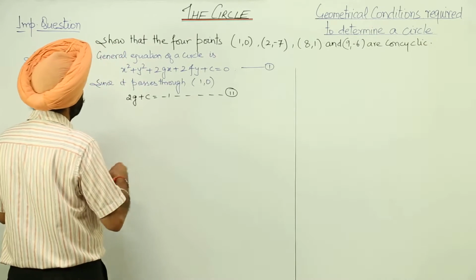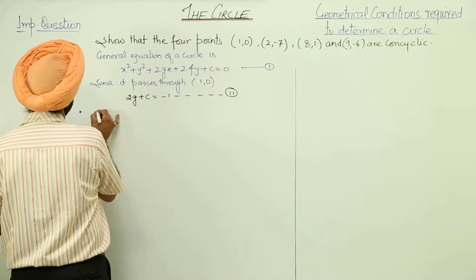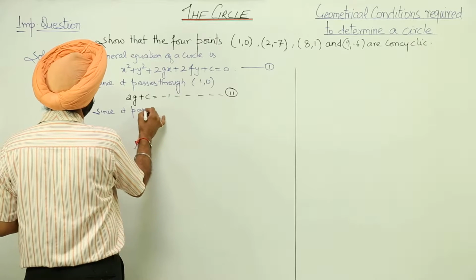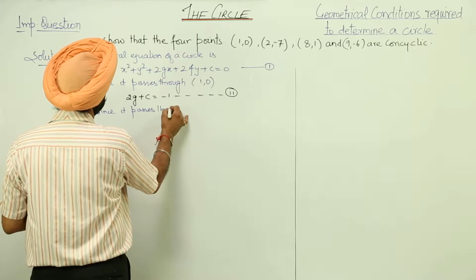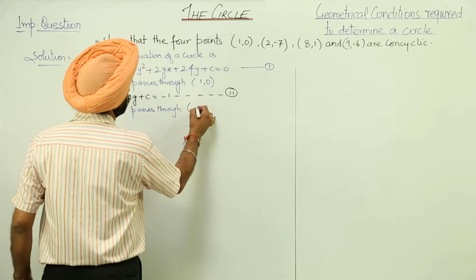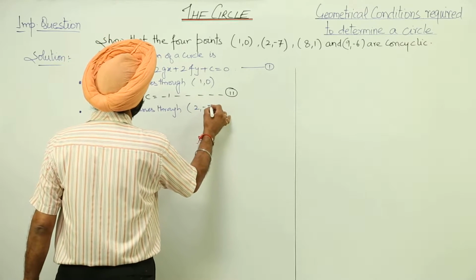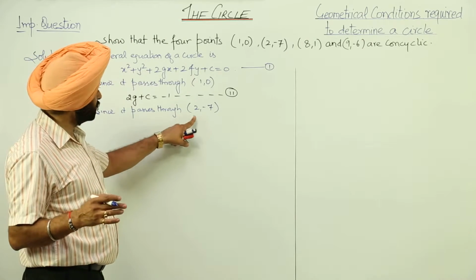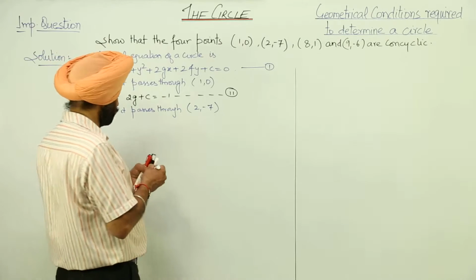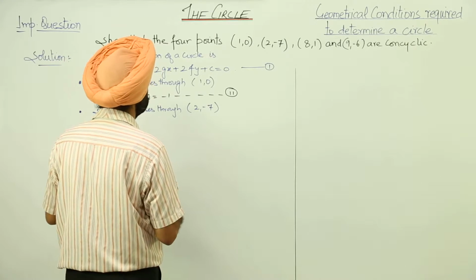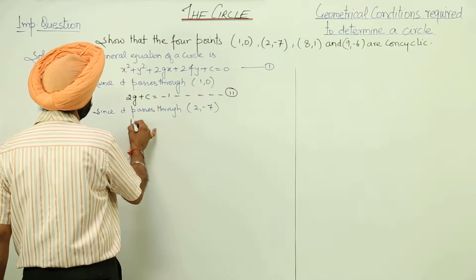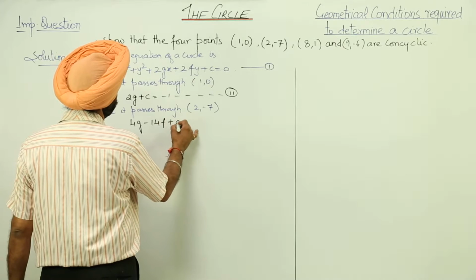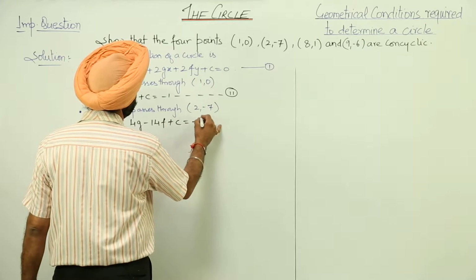Now, since it passes through 2 and negative of 7, these points lie on equation 1. Okay. So, we are having 4g negative of 14f plus c is equal to negative of 53.